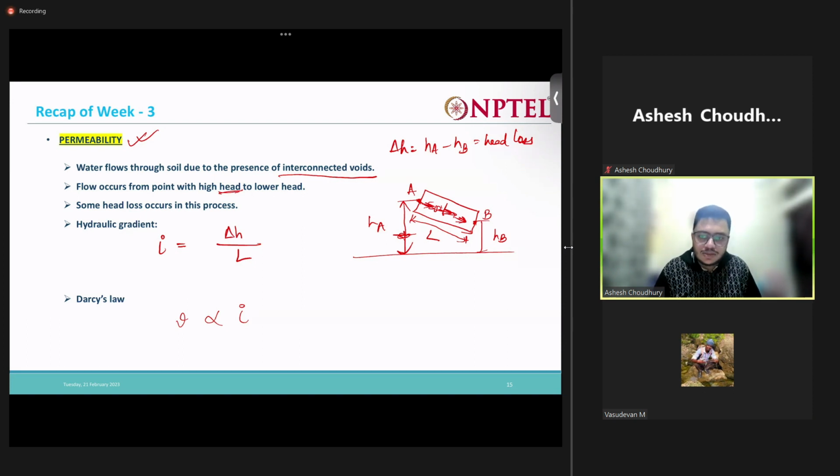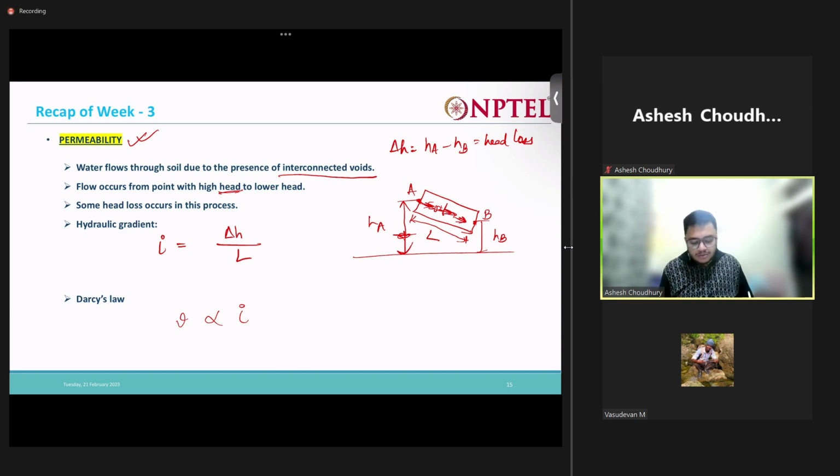Due to this head loss, there is some hydraulic gradient, which is given by delta H by the length. As water flows along this length, there is some velocity of water, and this velocity is proportional to the hydraulic gradient. This is given by Darcy.